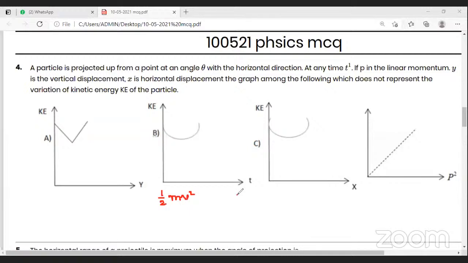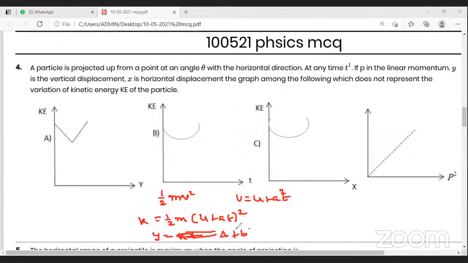What is the relation between v, u and t? v equals u plus at. So in that case, half m into (u plus at) whole square.